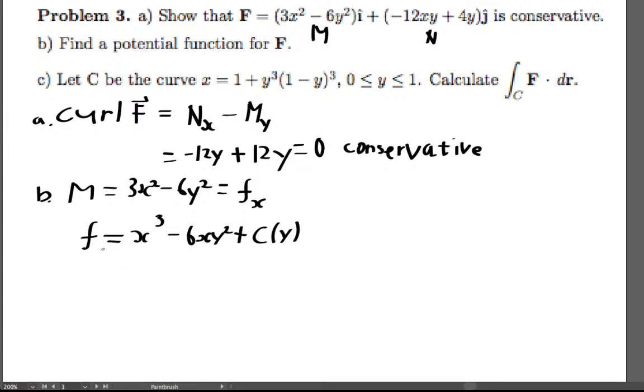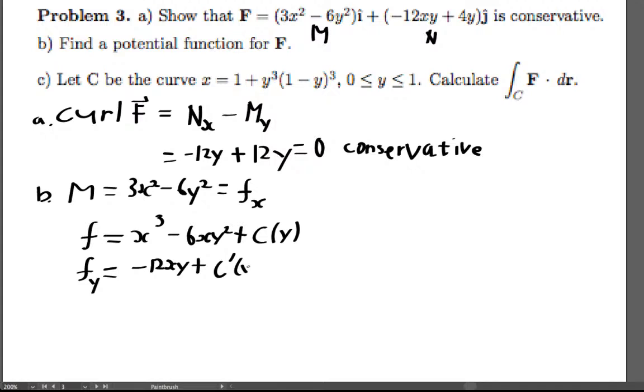So when you take the derivative of f with respect to y, what you'll get is minus 12xy plus c derivative of y.